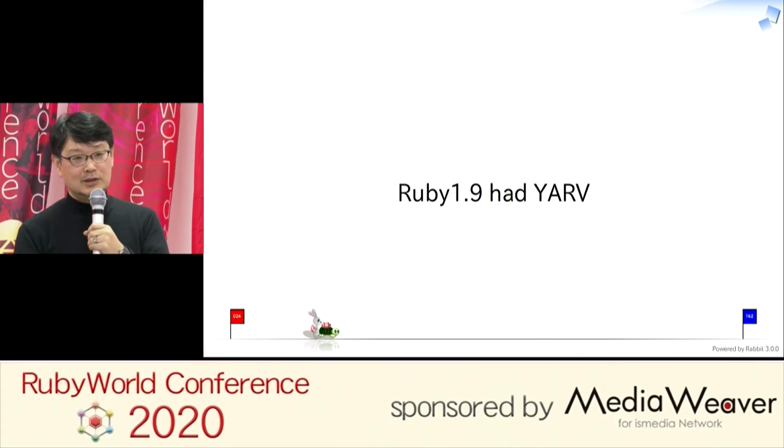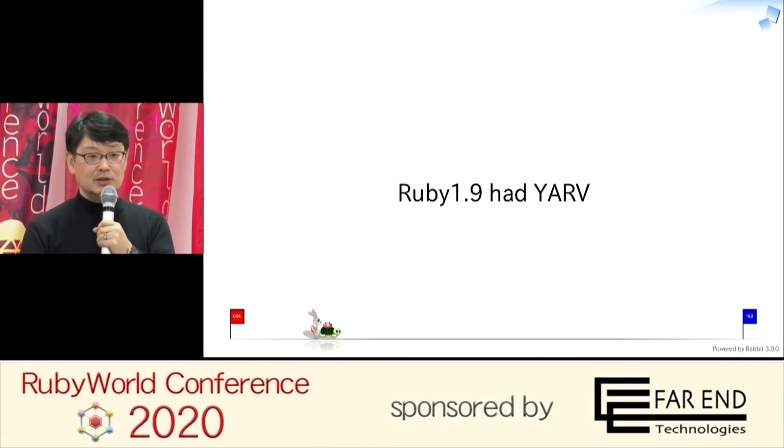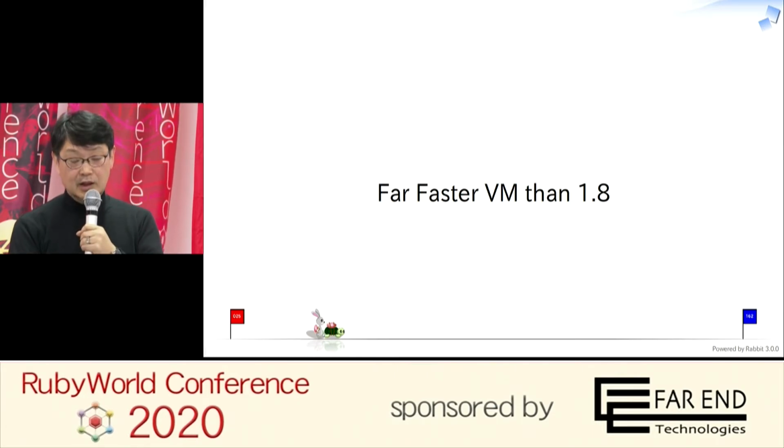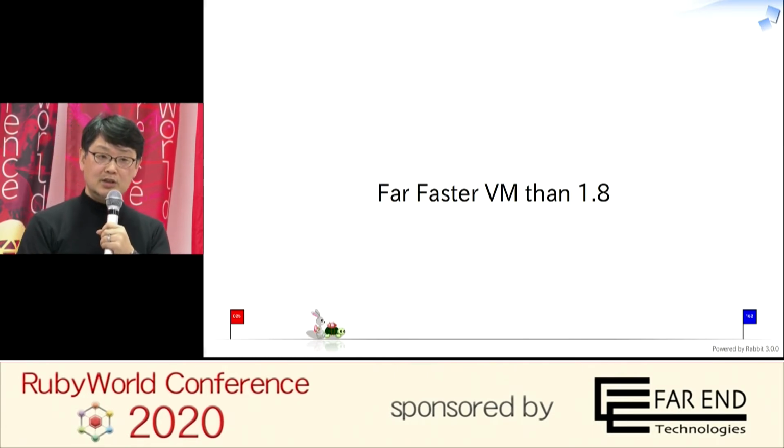But the difference is, Ruby 1.9 had the compatibility issue, but it also used the new virtual machine known as YARV. Compared to 1.8, 1.9 was much faster.